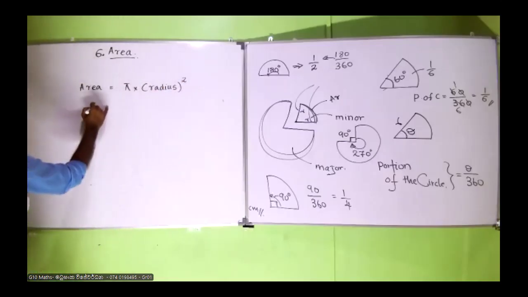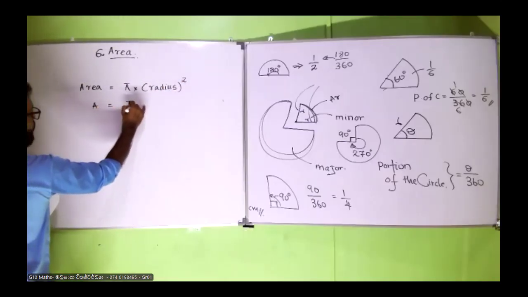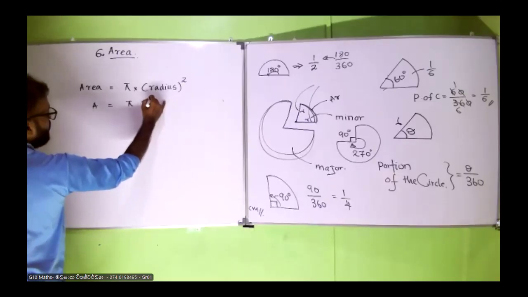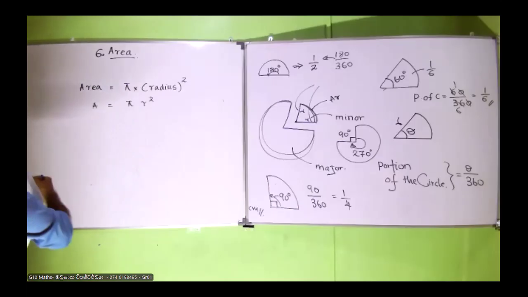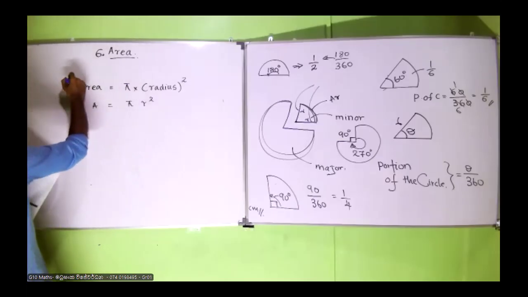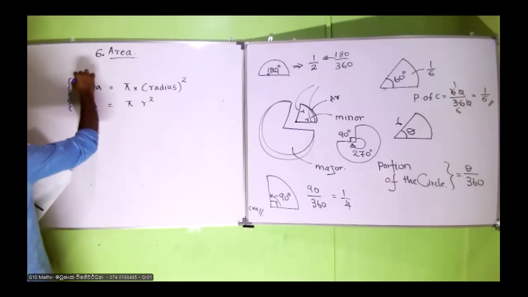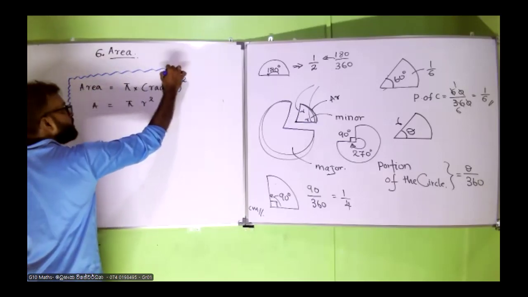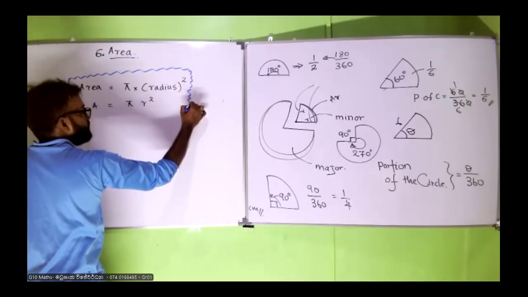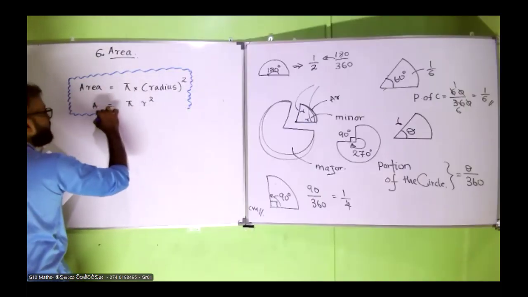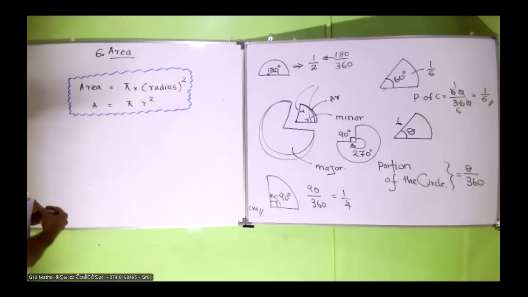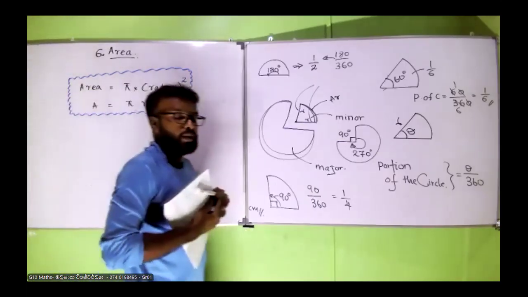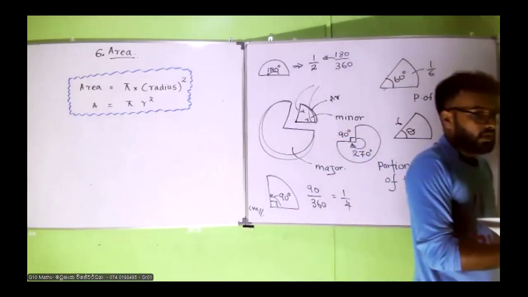That means A equals pi r squared. You need to remember this. And if you know this one and how to find the portion of the circle, this lesson is over. Please write this inside the box, page number 2.